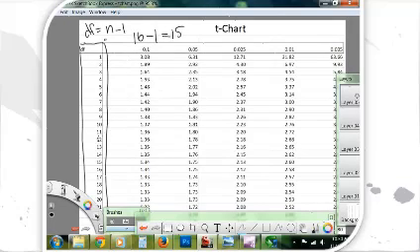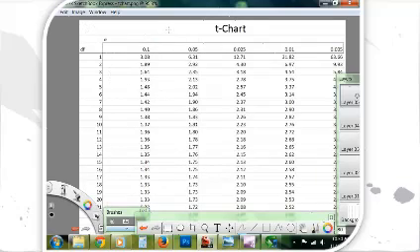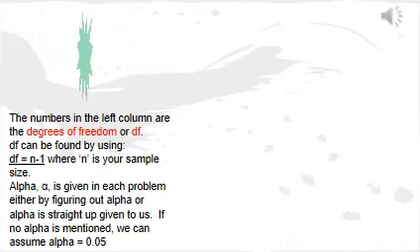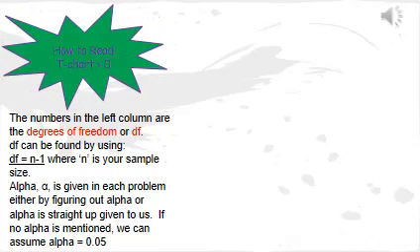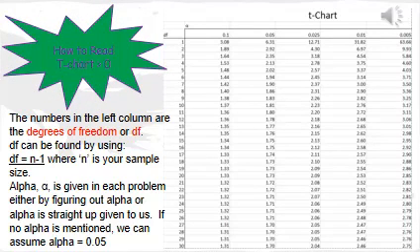So your answer would be somewhere on this row here, because of the 16 minus 1. The t-chart is read almost the same as the z-chart, except you have to find your degrees of freedom on the far left, and then alpha.